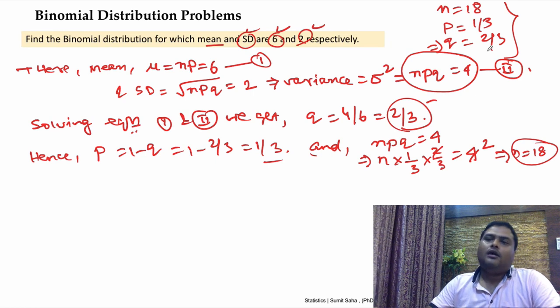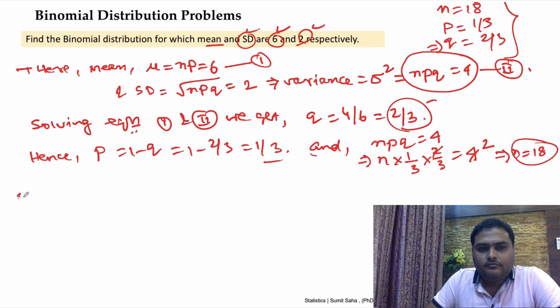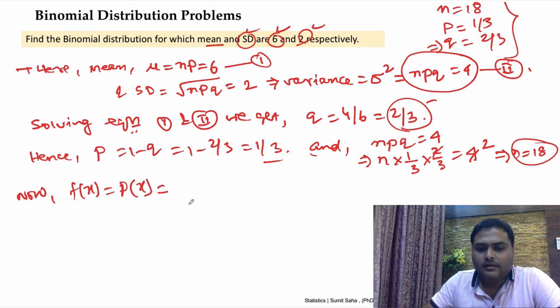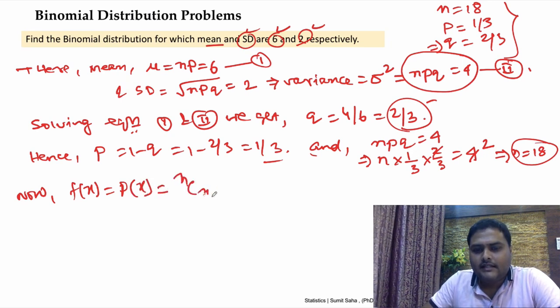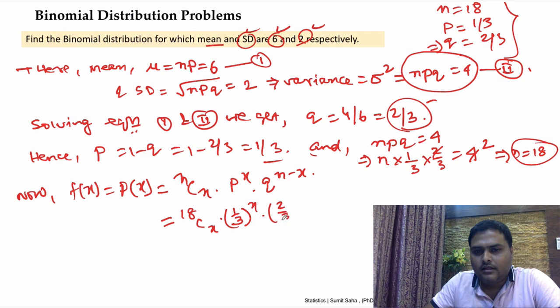So all unknowns are done. Clear? Now I can write the expression. So now I can write f(x), or probability of x, whatever you want to write, that's not a big problem, is nCx p to the power x and q to the power n minus x. In this case it is nothing but 18Cx, p is 1 by 3 to the power x, q is 2 by 3 to the power 18 minus x.